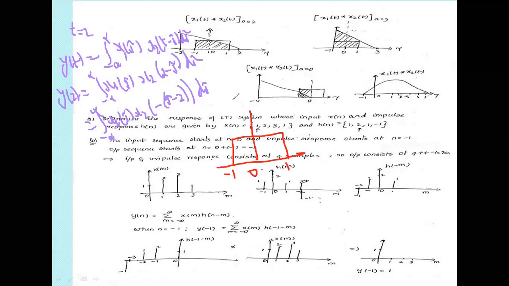Minus 3, now it changes to minus 2. So it started at minus 2 here, and ends at 0. 0 means the value is also here, up to 2. It's a graph. So now the overlapping is here itself.